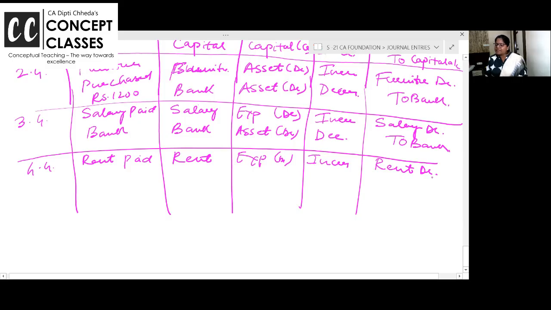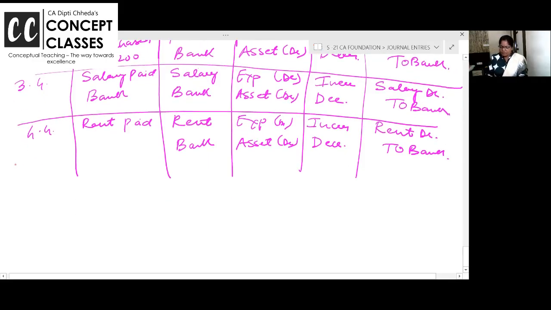Okay. Next, rent paid by cash or bank. What is the basic nature of bank balance? Debit. But this time bank is credit, decrease. Rent account debit to bank. Debit all expenses, and money is going out.